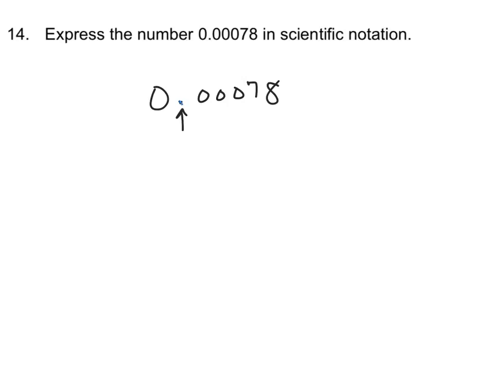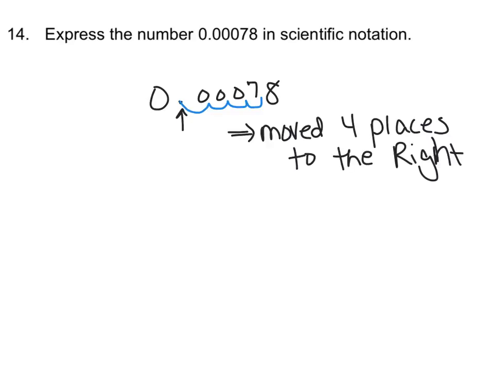So I'm going to move 1, 2, 3, 4 places to the right. Since I moved to the right, I know that my exponent is going to be negative. And since I moved 4 places, I know that my entire exponent is going to be negative 4.